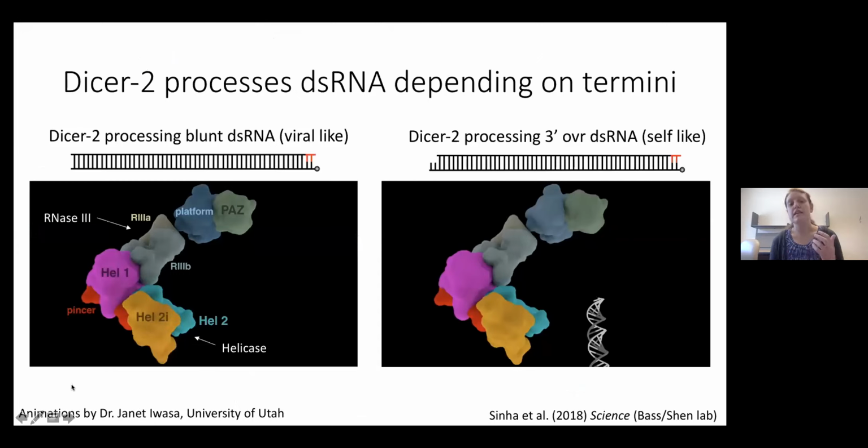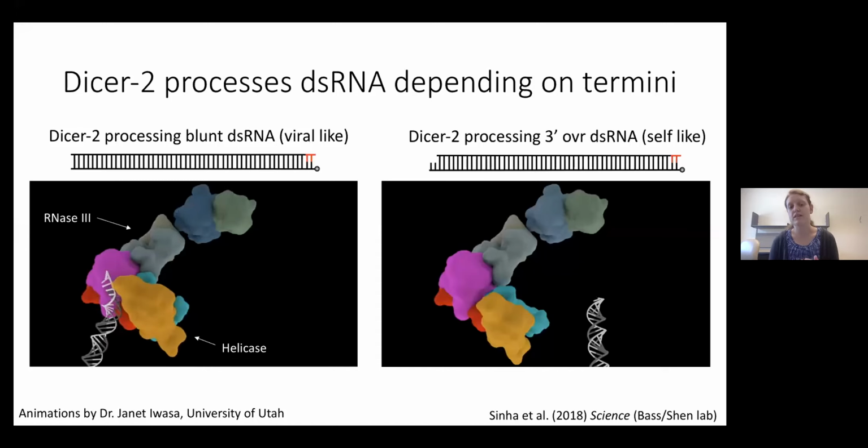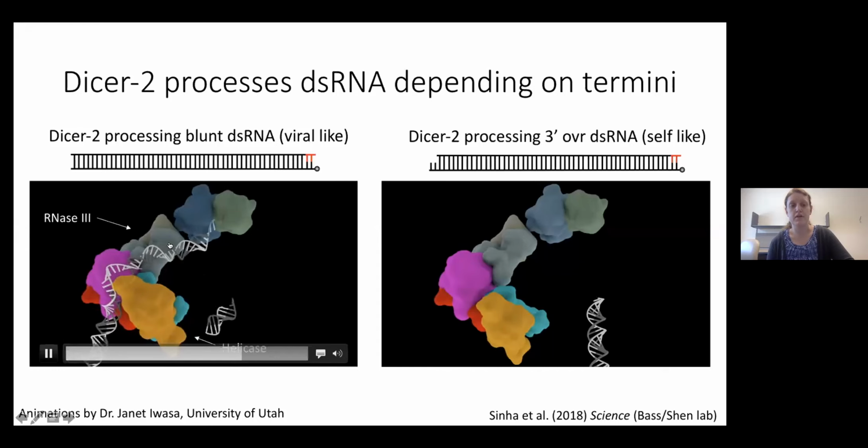Here in a moment, we'll see this viral double-stranded RNA come into the picture, and it's going to bind to the helicase domain. The helicase domain will then clamp down onto this double-stranded RNA. We'll start to see it unwind and thread through the helicase domain, being cleaved by the RNase-3 domain in the middle of the protein.